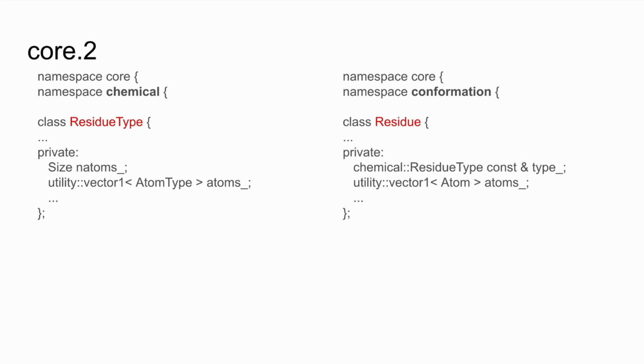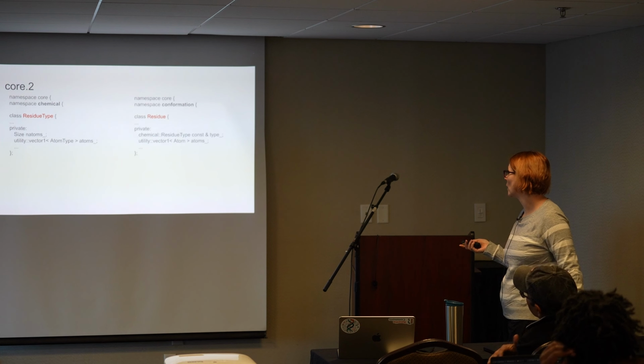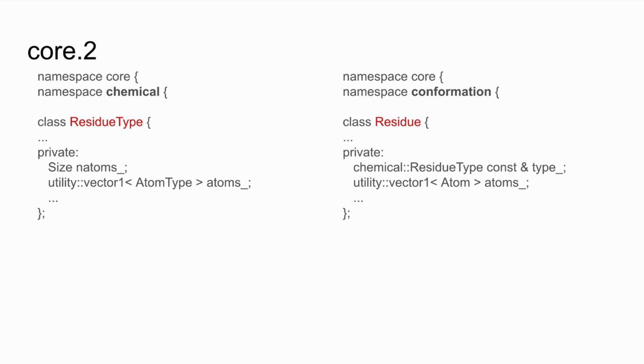So again, in core 2, on the left-hand side, you have the chemical layer. So let's say you have a residue type, and the residue type has a number of atoms and a utility vector 1 of atom types, basically the atoms here. And then the confirmation layer has the chemical residue types, the types there, and then also the utility vector 1 of atoms, basically. So yeah, so this is confirmation, and this is chemical.